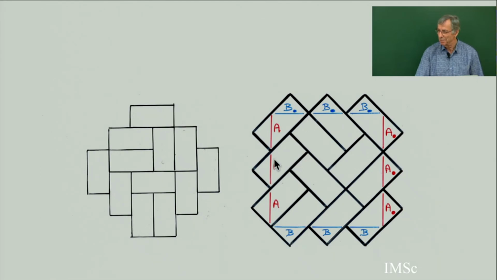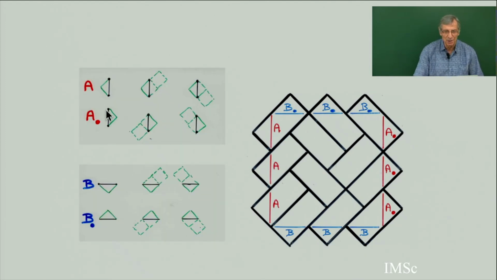So in the alternating sign matrices, just permute A point and B point. If you remember the definition of the operators A and A point, you can check that the configuration at the border of all the dimers is exactly in this configuration.